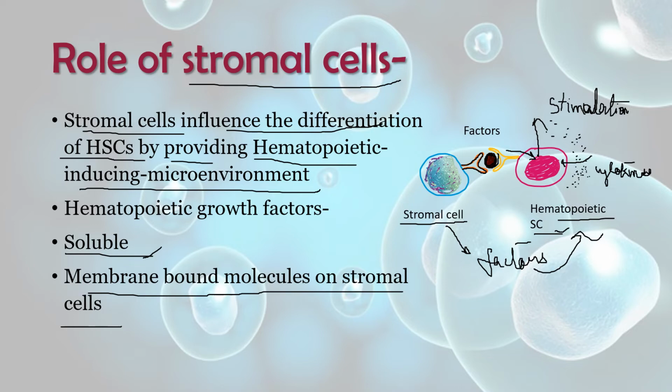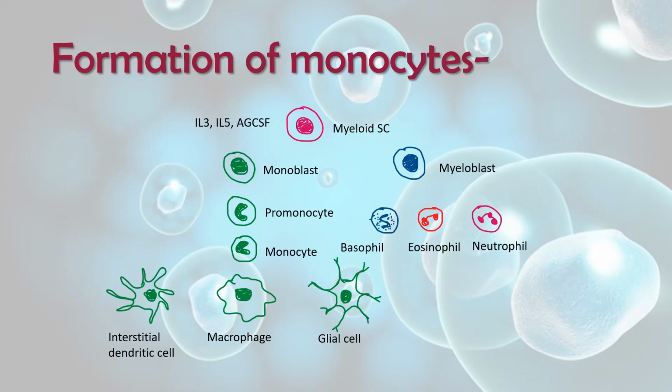So let's take first the myeloid progenitor cells. How do these myeloid progenitor cells form different types of cells? First we are taking the formation of monocytes. So this is our myeloid cell, or we can say myeloid progenitor cell. Both are the same.